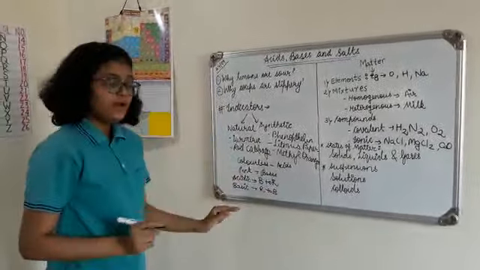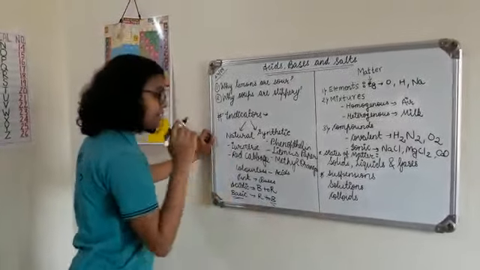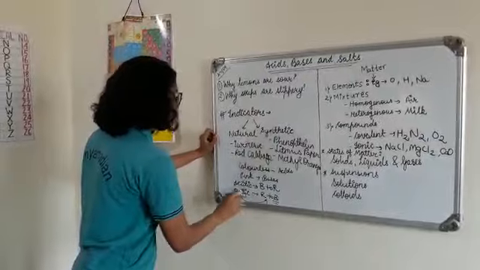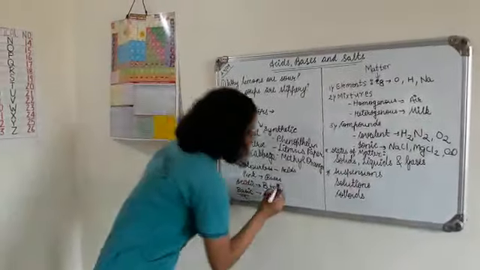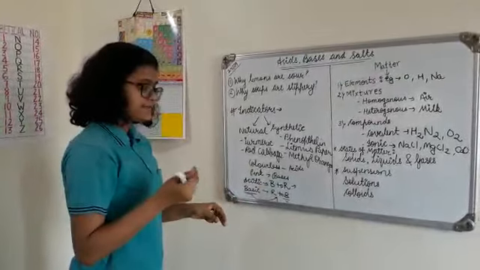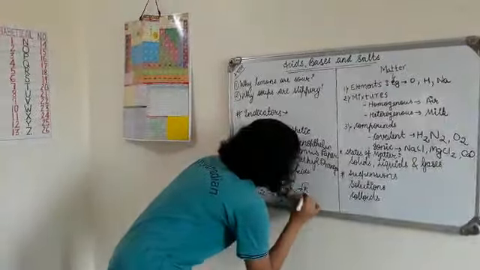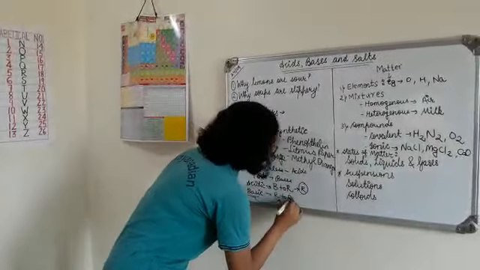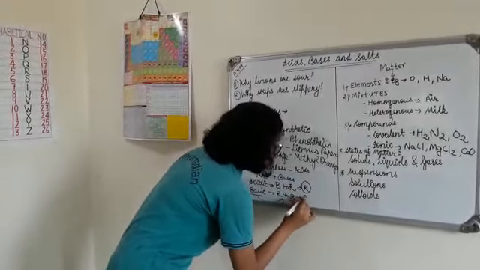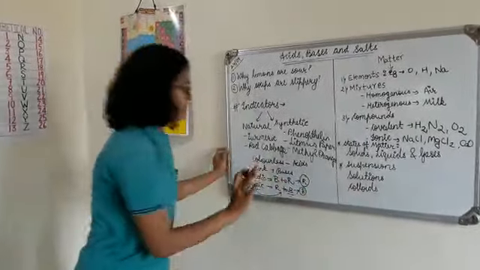So we can remember it by B for bases and B for blue. But when an acid is tested with red litmus paper, it does not show any change. And the same is with bases when we react them with blue litmus paper; they do not show any change.